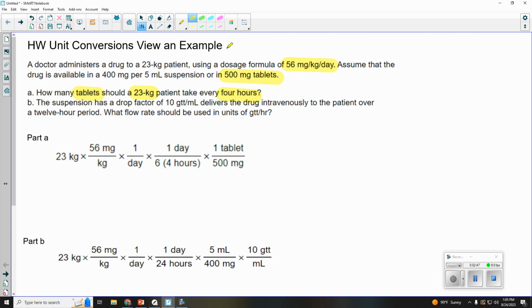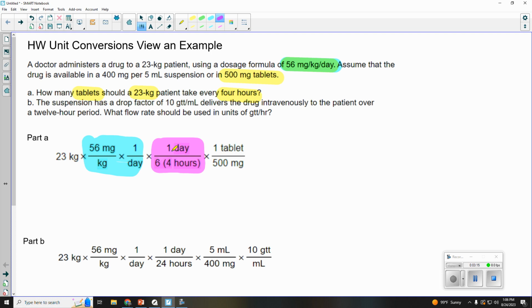Okay, so all of this corresponds to all of this. And then we have that we're talking about 4 hours. 4 hours is 1/6 of a day.